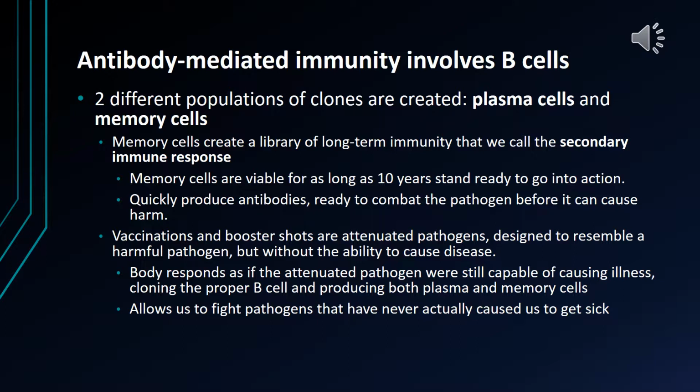These shots are designed to resemble a harmful pathogen, but they can no longer cause disease. The body then responds to these attenuated pathogens as if they were still completely capable of making us sick, and it then clones the proper B cells and produces both plasma and memory cells. The reason we have vaccines and booster shots is that they allow us to fight the pathogens without the individual having to get sick.